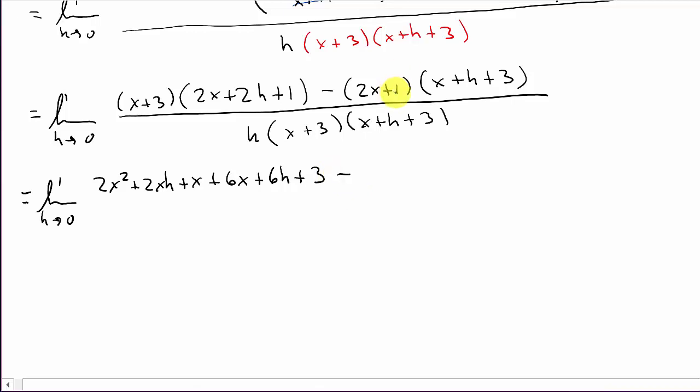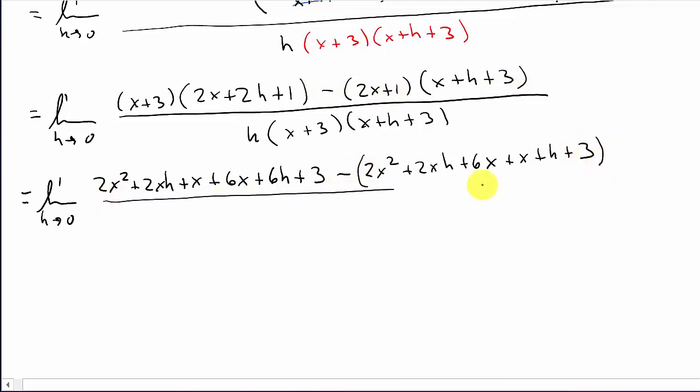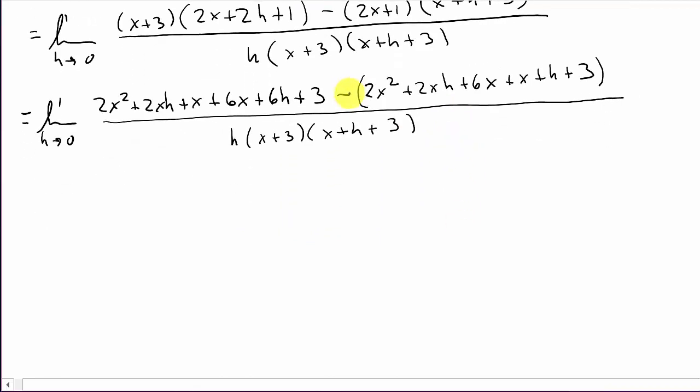Alright, minus, and now this one. So that's going to be 2x squared plus 2xh plus 6x, and then the 1 plus x plus h plus 3. And see, it's minus this, so you've got to make sure you put that in parentheses. Okay, and that's over h times x plus 3 times x plus h plus 3. Alright, so now I'm going to have to distribute the negative.